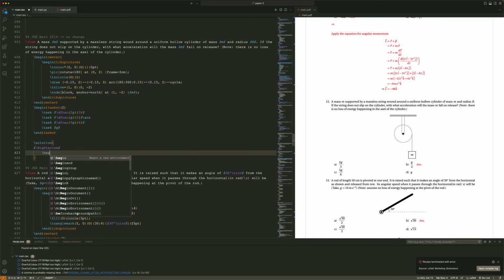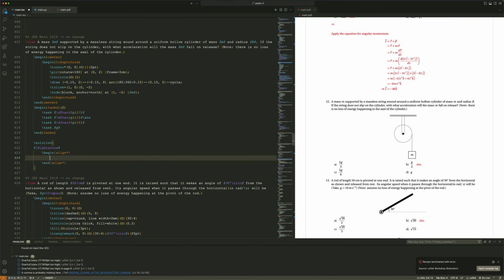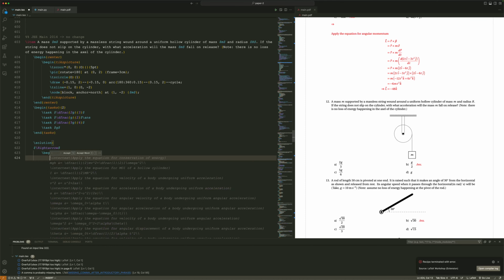And let's begin the LM environment. And here we have a hollow cylinder which will act like a ring. So a hollow cylinder attached with a string and a mass.